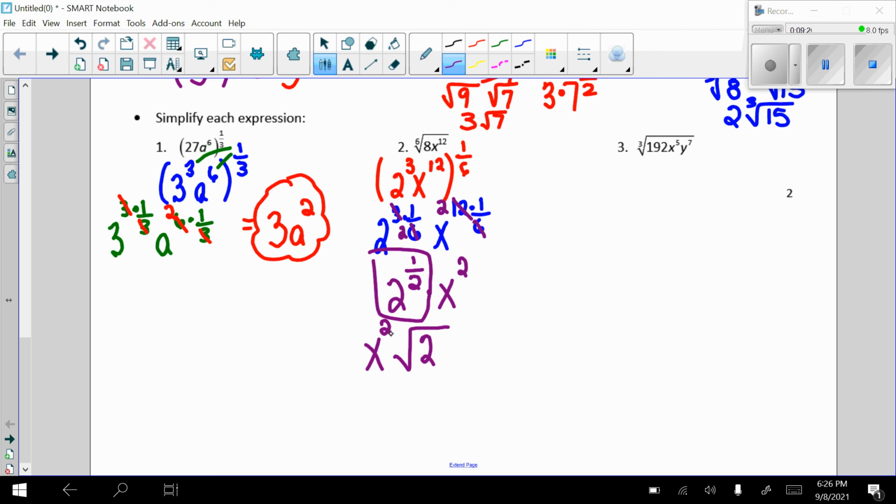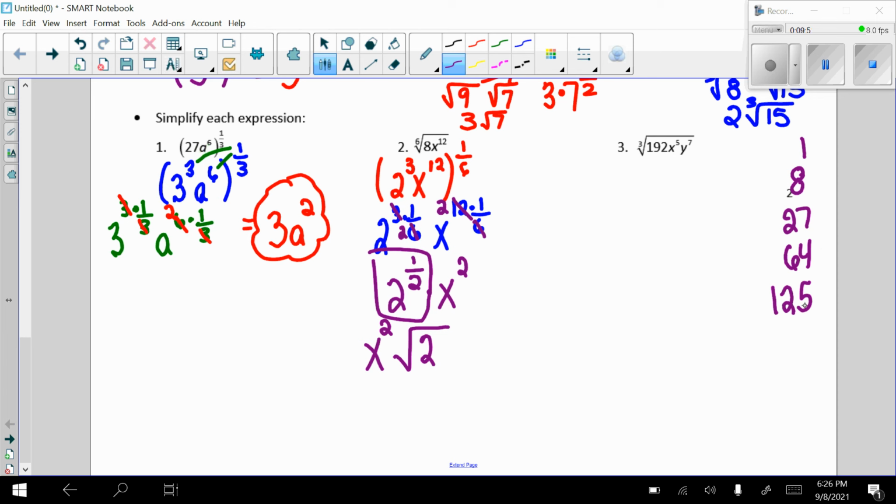Okay, so the next one, again, very similar idea, but you might be looking at 192 and thinking, oh, I don't remember that one. Well, you don't remember that one because it's not one of the numbers that jumps out at us. It's not a cube, okay? So what we have to do is think about our list of cubes, and think about what would be the largest of these numbers that would divide into 192 evenly.